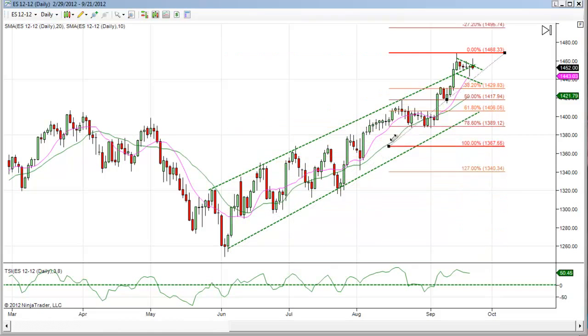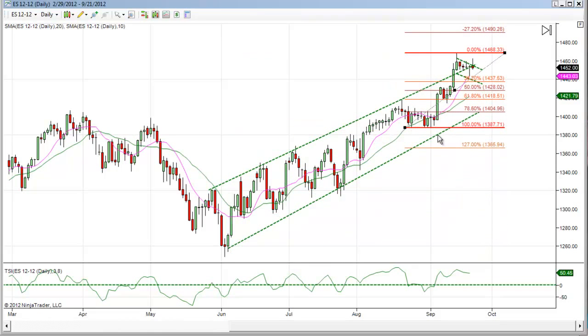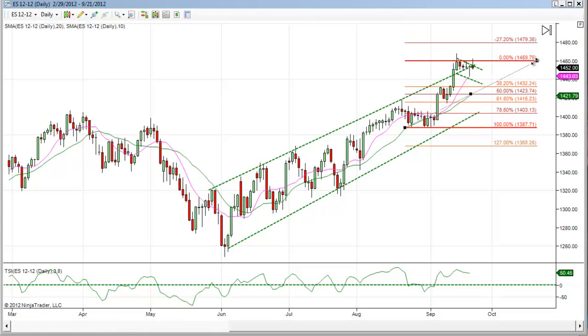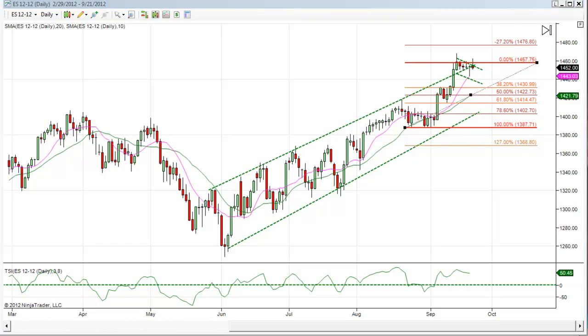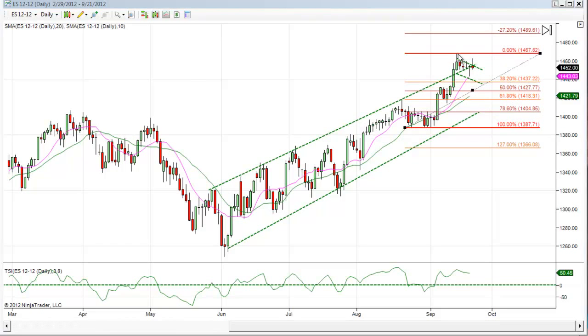Looking at this last move higher, we can see the 127 extensions up here near the 1500 level, and that we almost came down and touched the 382. If we pull this down to this level here, where we broke higher on the QE3 announcement, moved higher, moved sideways, we can see the 382 is a little bit lower. So we'll just leave this at this high.